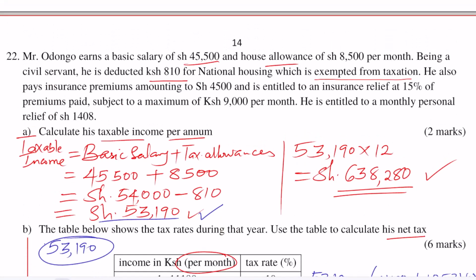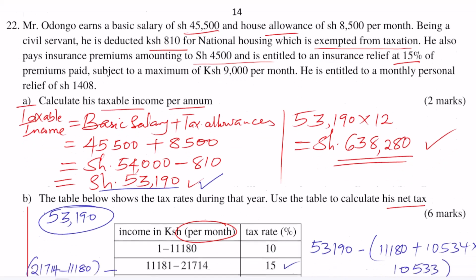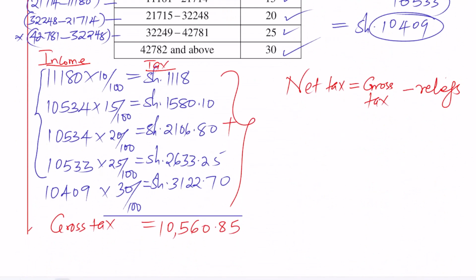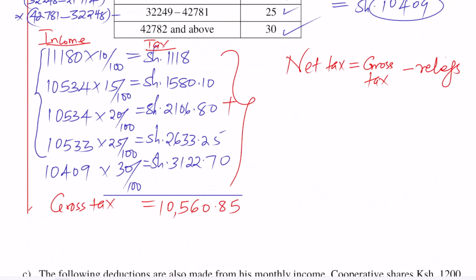He pays insurance premiums amounting to 4,500, and he is entitled to an insurance relief of 15% of the premiums paid. So we should get the relief, that is 15% of 4,500.